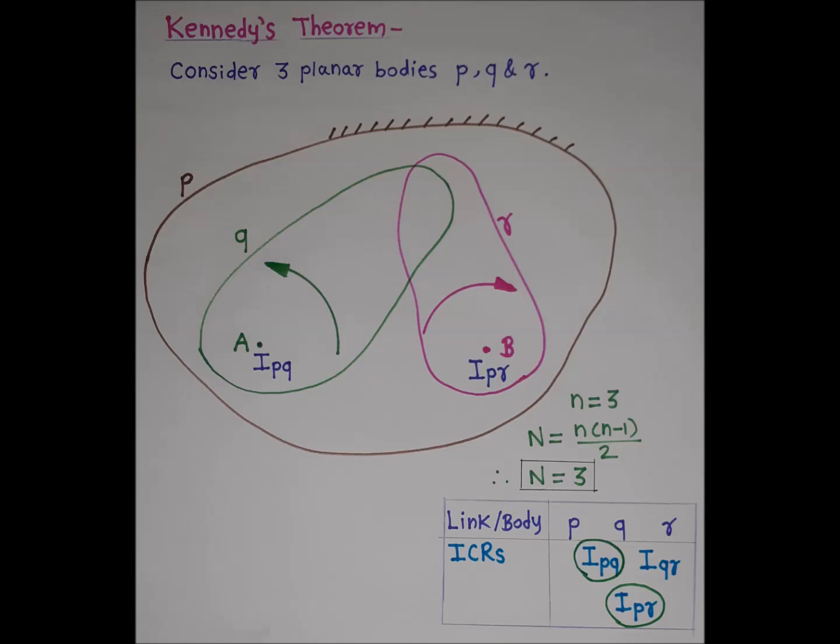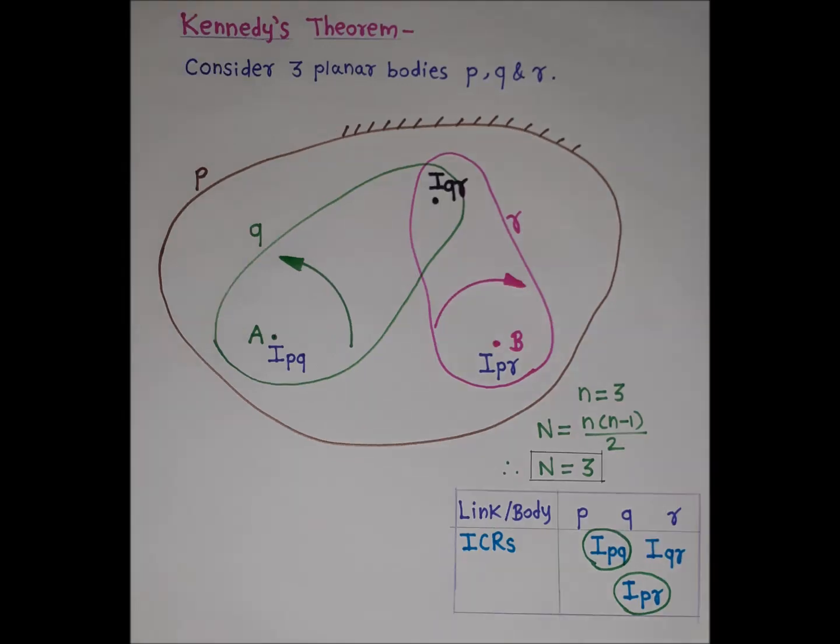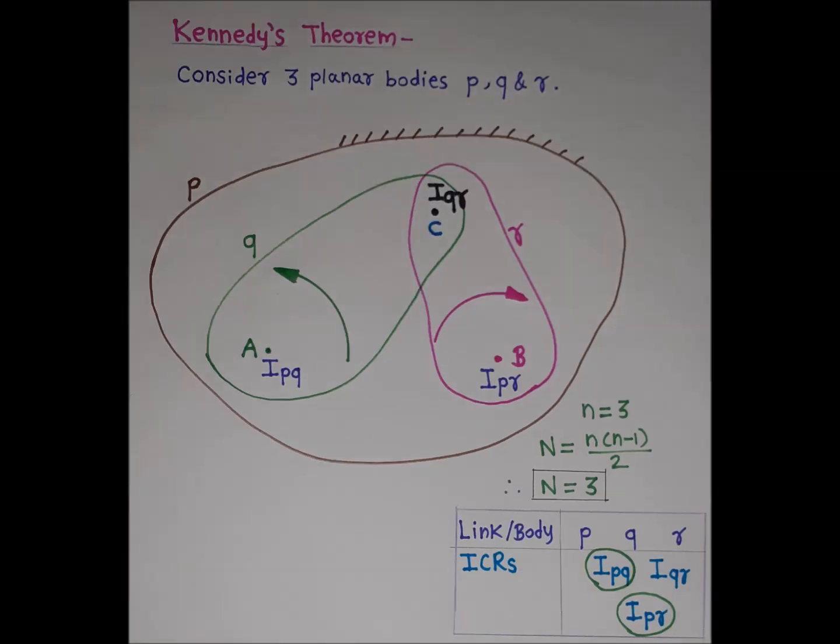For time being, let us say ICR IQR will lie either on body Q or on body R. Hence, we will consider region where body Q and body R are overlapped. In that region, we will mark ICR IQR. For the sake of simplicity, for that point, we will also use notation C.